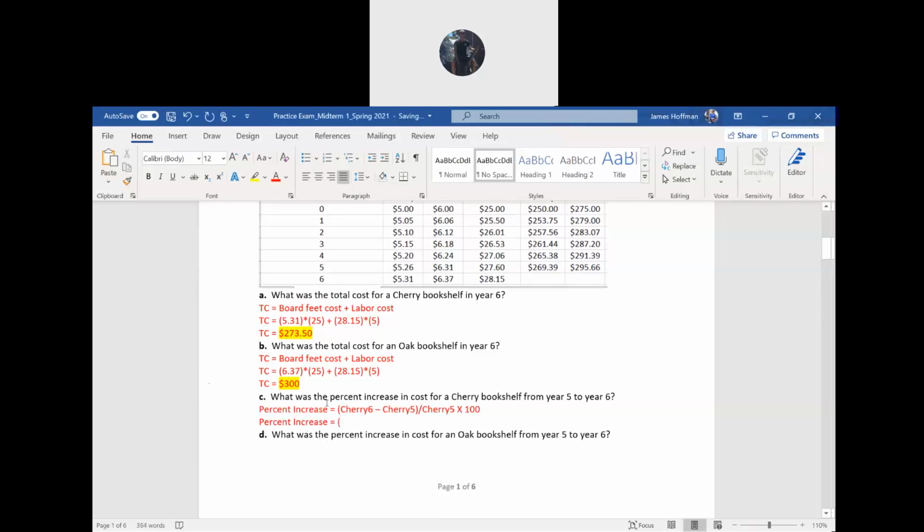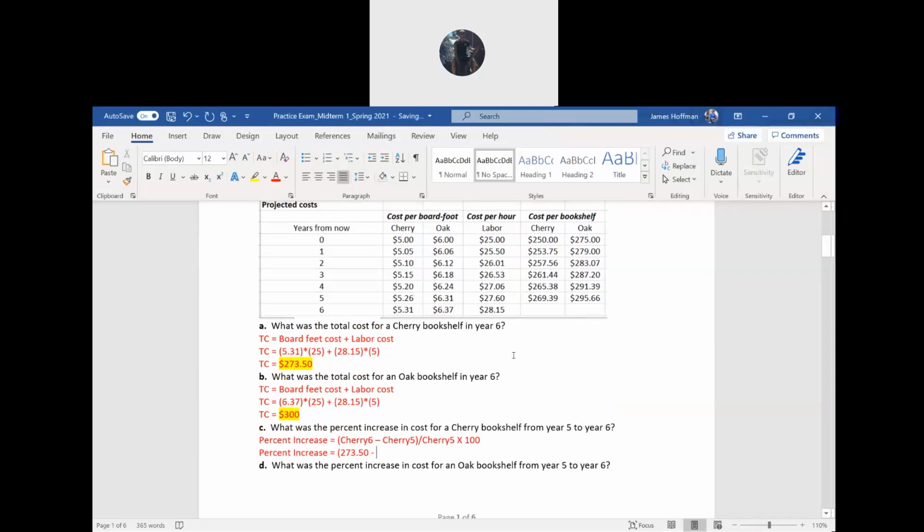Okay, so cherry in year 6, you calculated that in part A, that's 273.50. And in year 5, you have that in the chart, that was 269.39.